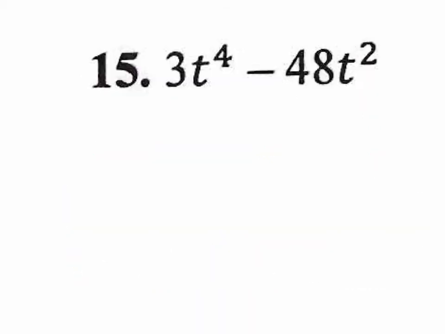So right here on number 15, what's the first type of factoring I should try? GCF. What's in common? What could I pull out of there? Well, there's definitely some t's. How many t's could I pull out? 2. So t squared. But what about numbers?